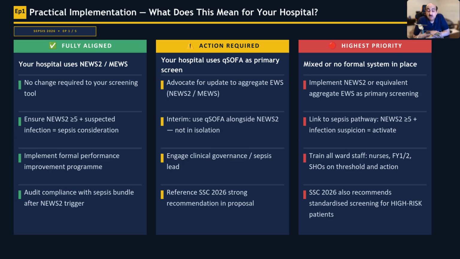And in hospitals or resource limited centers where none of them are used, it's the right time to teach, educate, and orientate trainees, clinicians and nursing staff, and come up with standardization of the early warning scores and incorporate the Sepsis 2026 guidelines. Again, it's a recommendation. Please follow your local institutional policy. It's just an educational video. It's not mandatory, but best practice should always be adopted according to the clinical evidence.